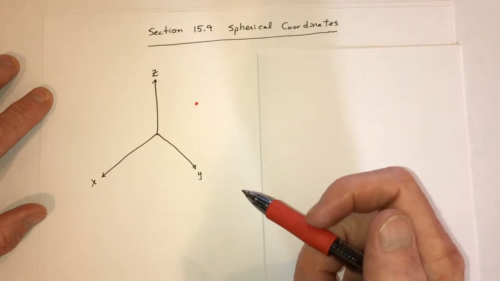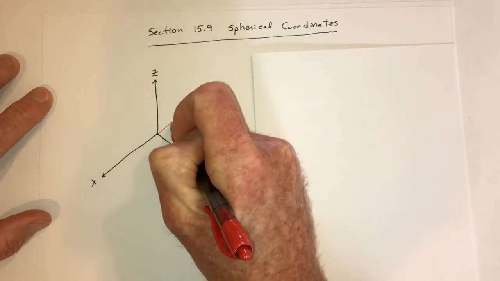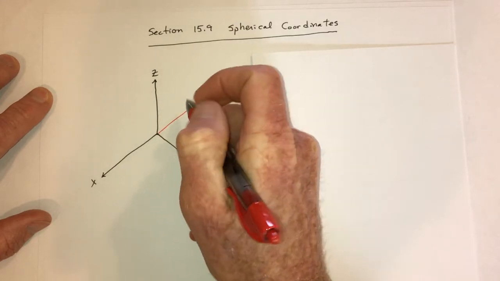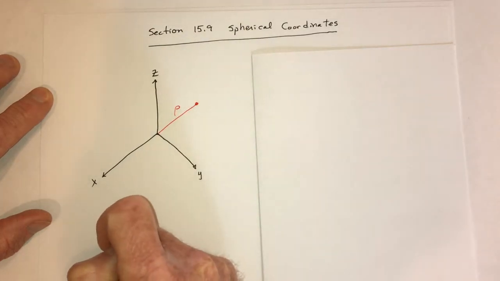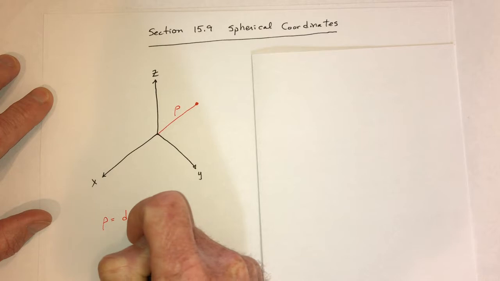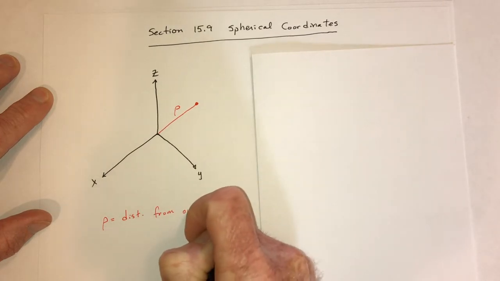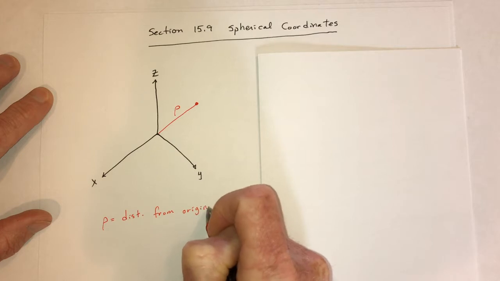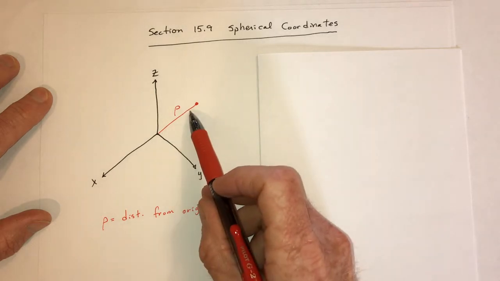Let's be more specific. If you measure the distance from the origin out to that point, that is called rho. So rho equals the distance from the origin. Now, the only problem with this is I don't know what direction this line is going.